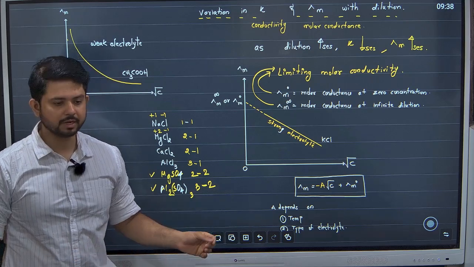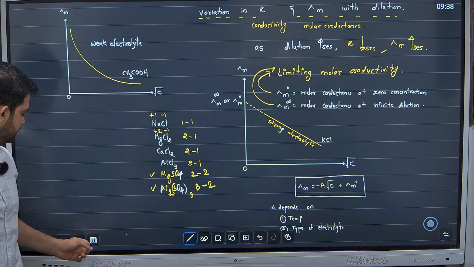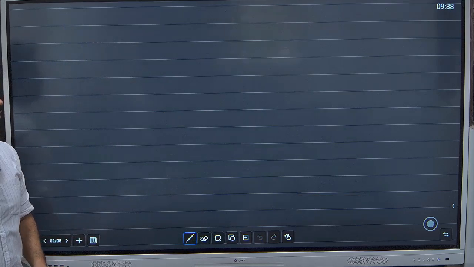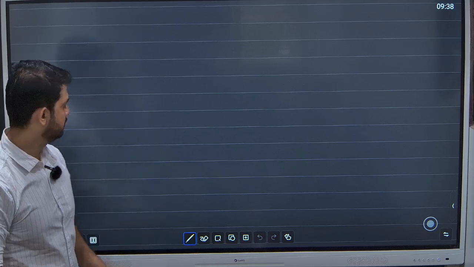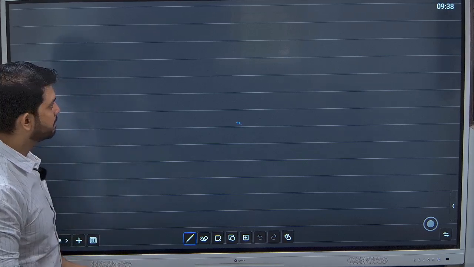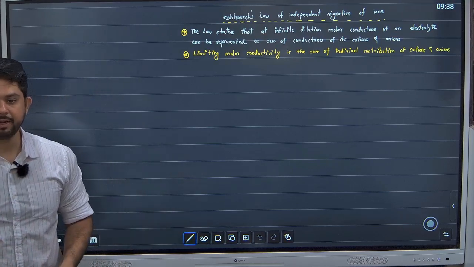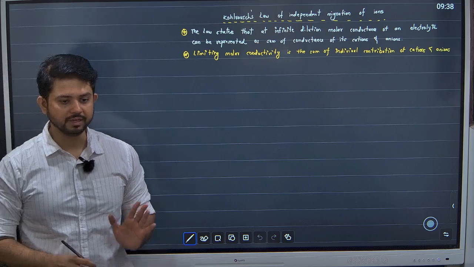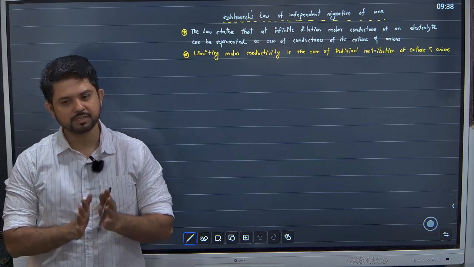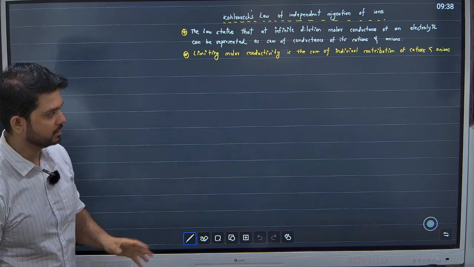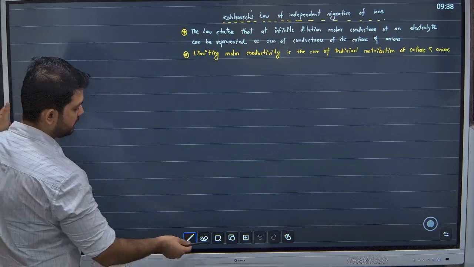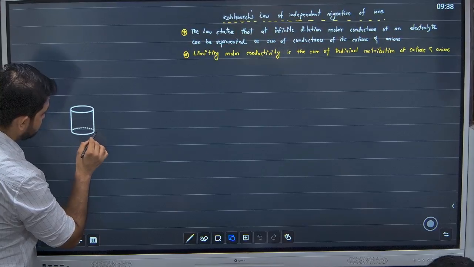Chalo. Now let's continue. The next topic that we have, people, is Kohlrausch Law of independent migration of ions. Let's first understand what the law is trying to tell us. Definition नहीं देखते पहले, let's understand the law. Now let's say मेरे पास एक solution है.